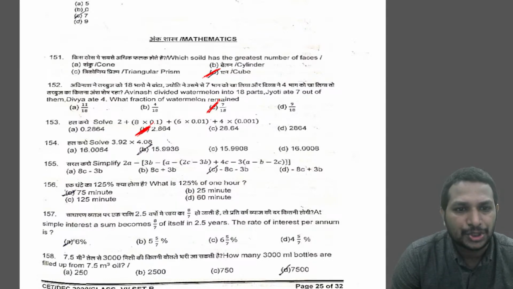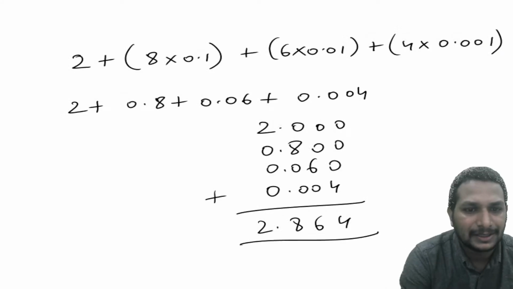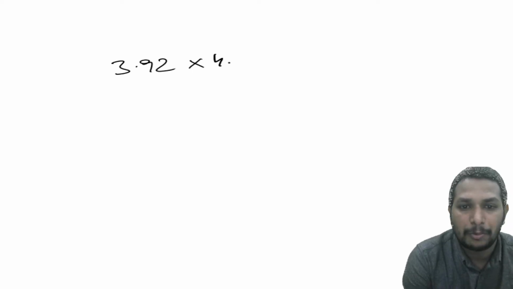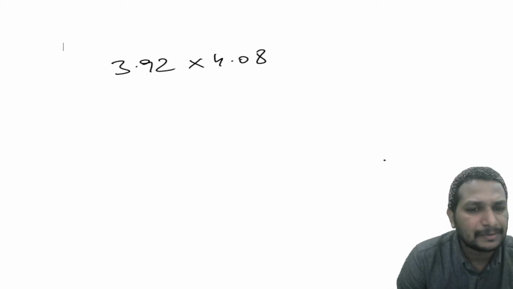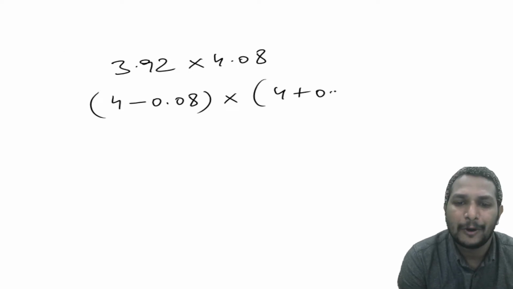Let's see the next question. This is also based on simplification. They might have basic multiplication. I can write this as 4 minus 0.2 into 4 plus 0.2.